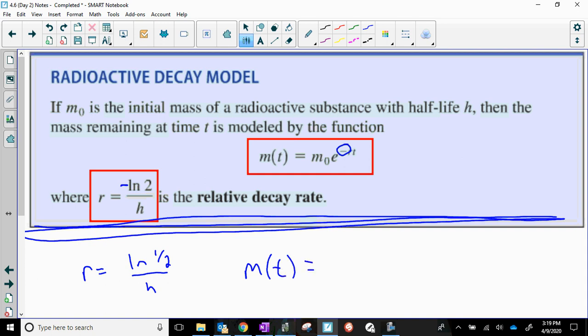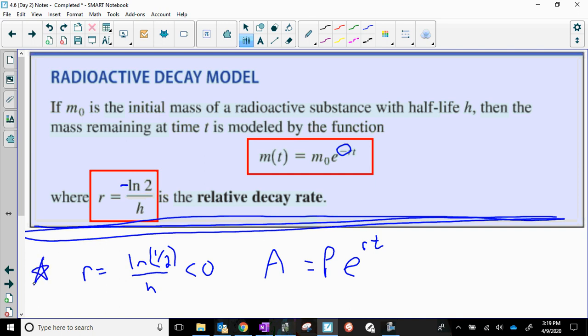How about instead of using m sub 0, we use the initial amount, the amount prior to the time, and instead of the function notation, you can use it if you'd like, we call it A. And then we just have e to the rt. Because when you calculate this, r is going to be less than 0 anyway when you use a half here, so you don't have to worry about making a negative.